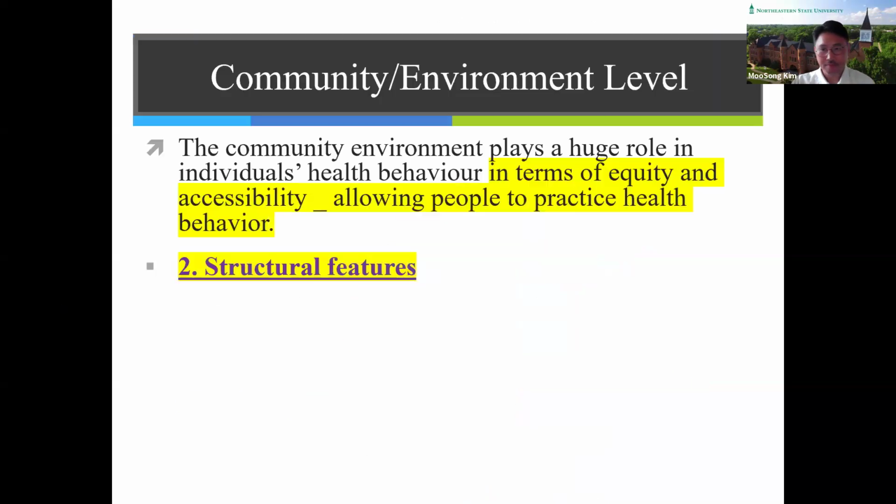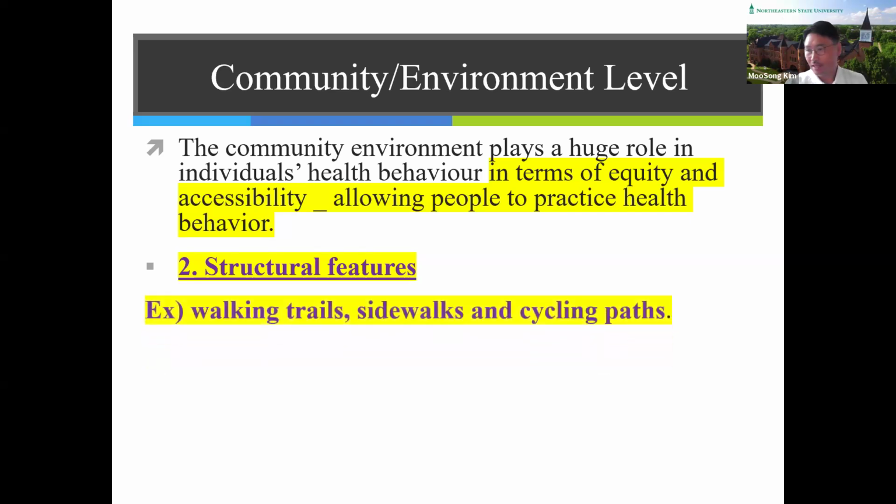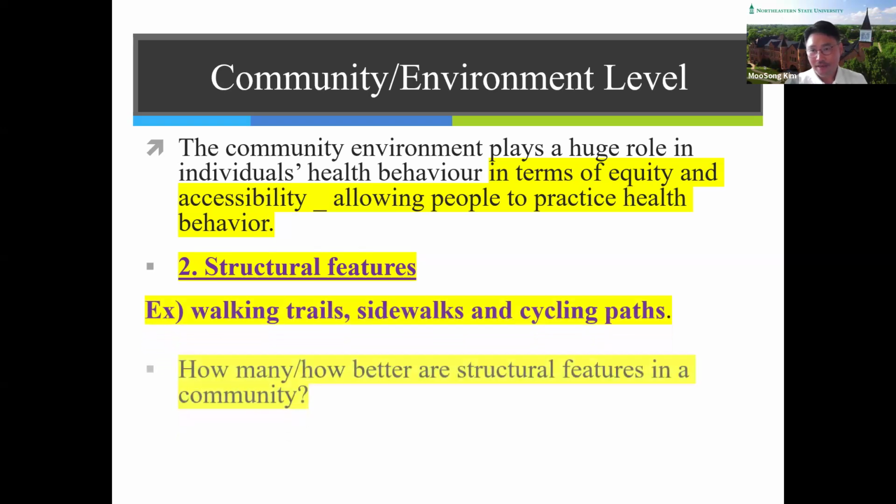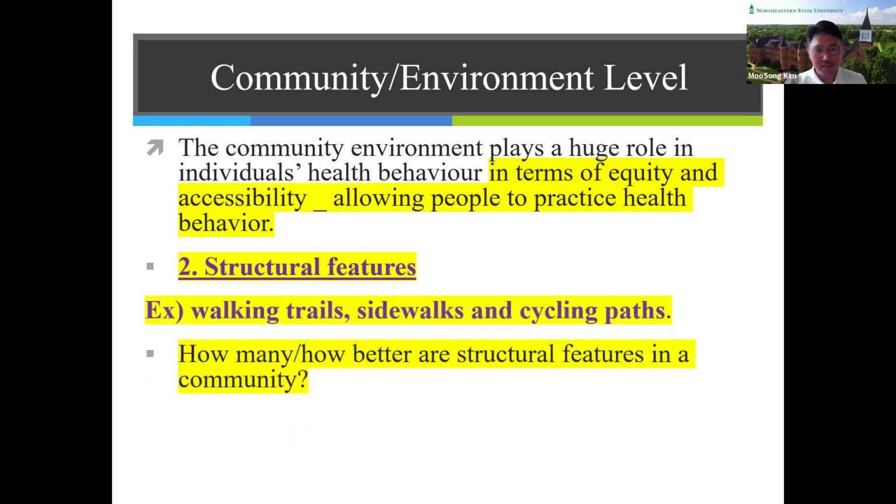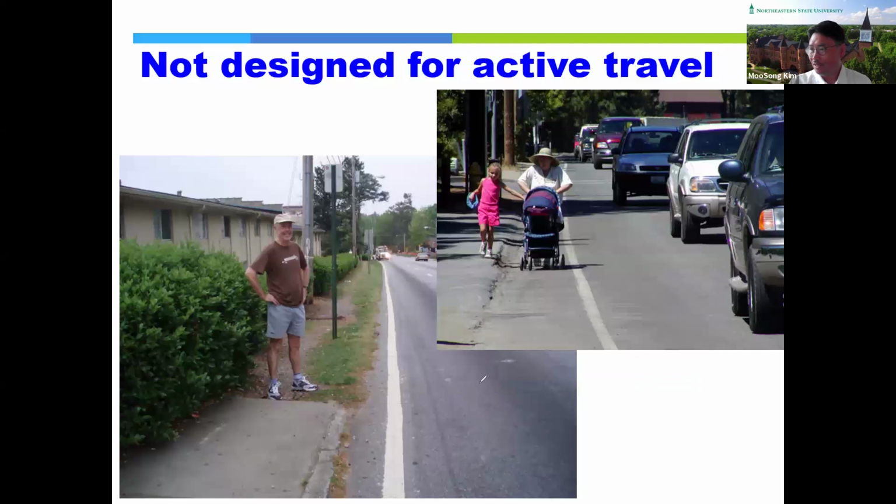Yeah. And structural features include walking trails, sidewalks, and cycling paths. How well structured are the features in a community? We talked about this in the first lectures, first chapter, right?